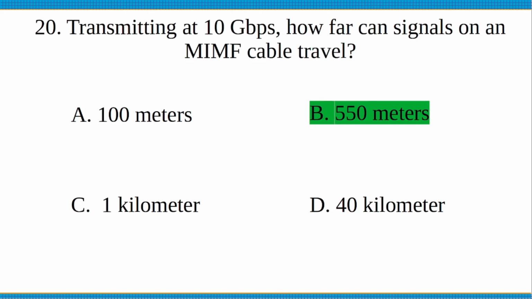MMF, multi-mode fiber, can transmit up to 550 meters depending on the Ethernet specification. Other standards using MMF can only transmit up to 300 meters. If you need to transmit up to 40 kilometers, you would have to use single mode fiber, SMF.